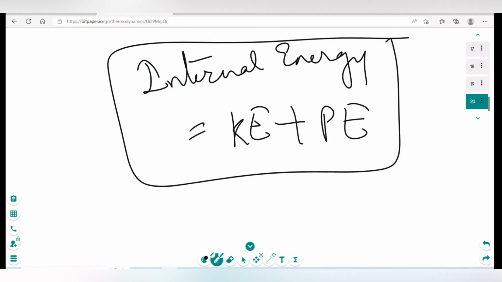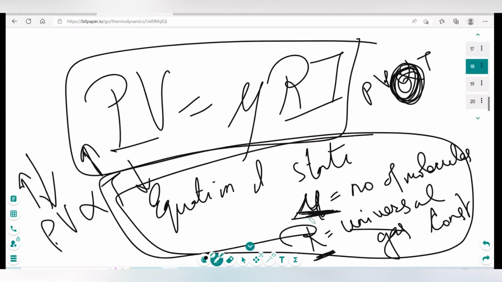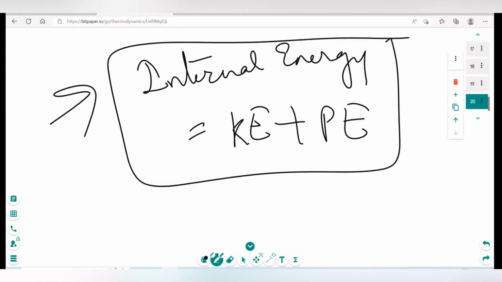Now, this energy is not visible. Why? Because this is something internal which is not visible, because it is the energy of the system as a whole.